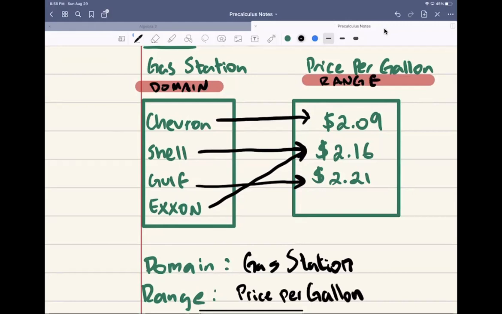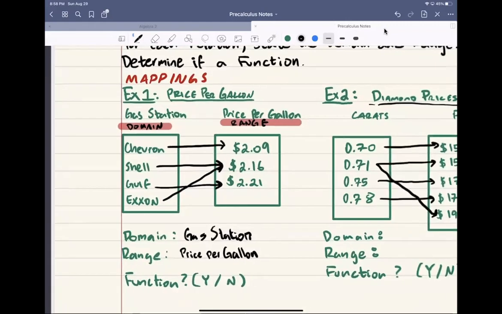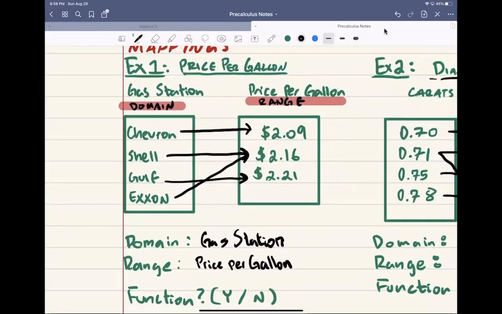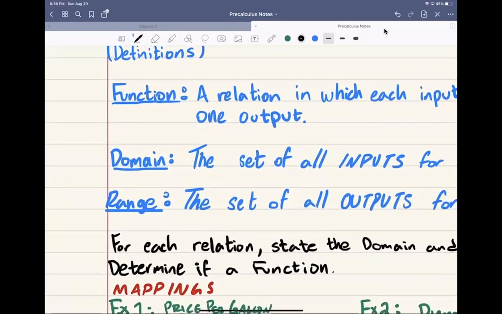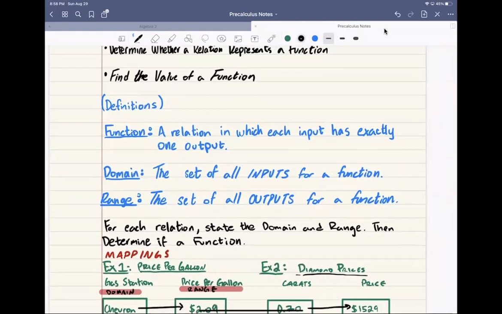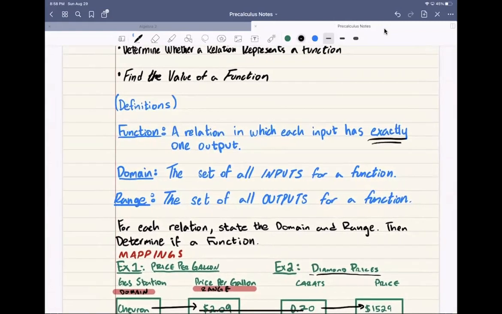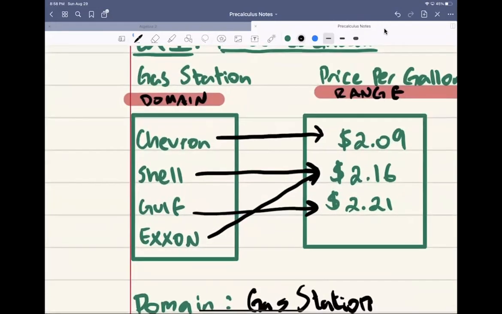The next thing it asks us is, is it a function, yes or no? So we look at our definition of a function. It specifically states it's a relation in which each input has exactly one output. So let's start with each. We looked at Chevron and it maps to one output. So far, so good. You look at Shell and that has one output.